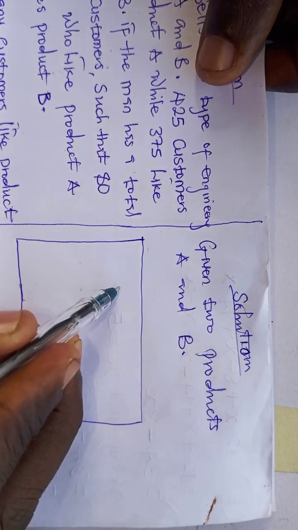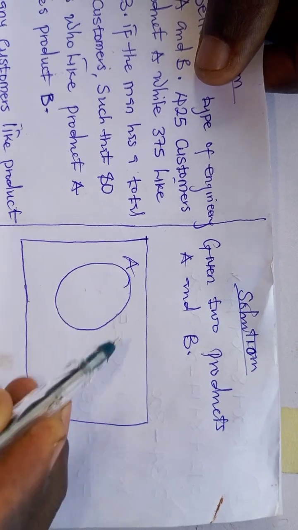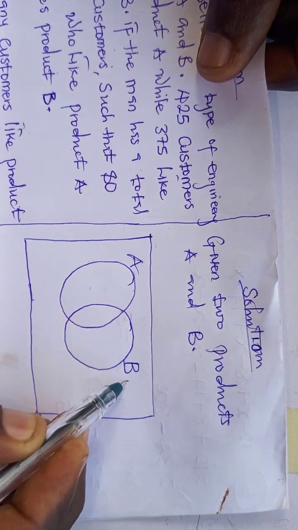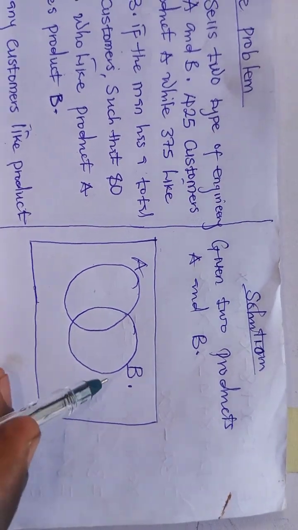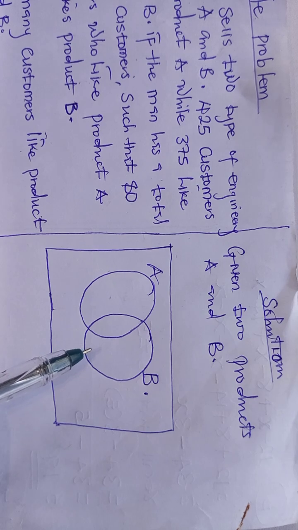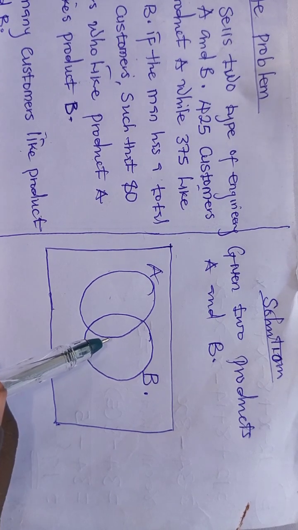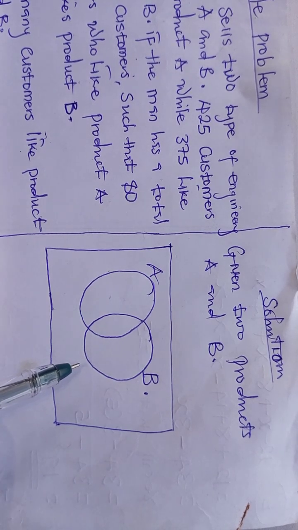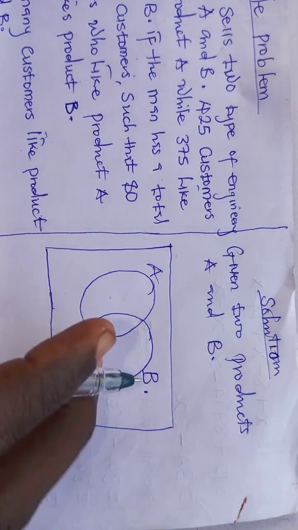The first set is engineering product A, and the second is engineering product B. Then, after drawing the Venn diagram, you enter all the information in the sets, including the universal set.